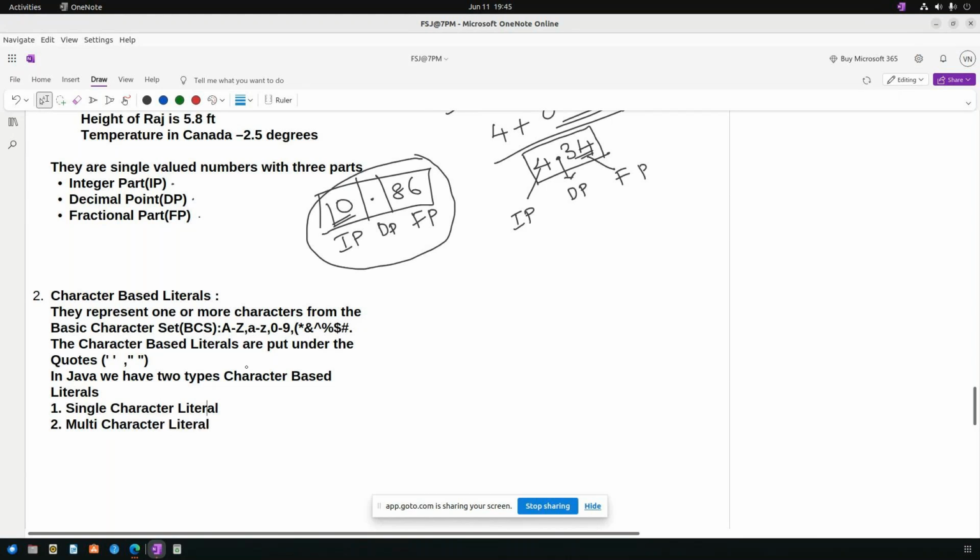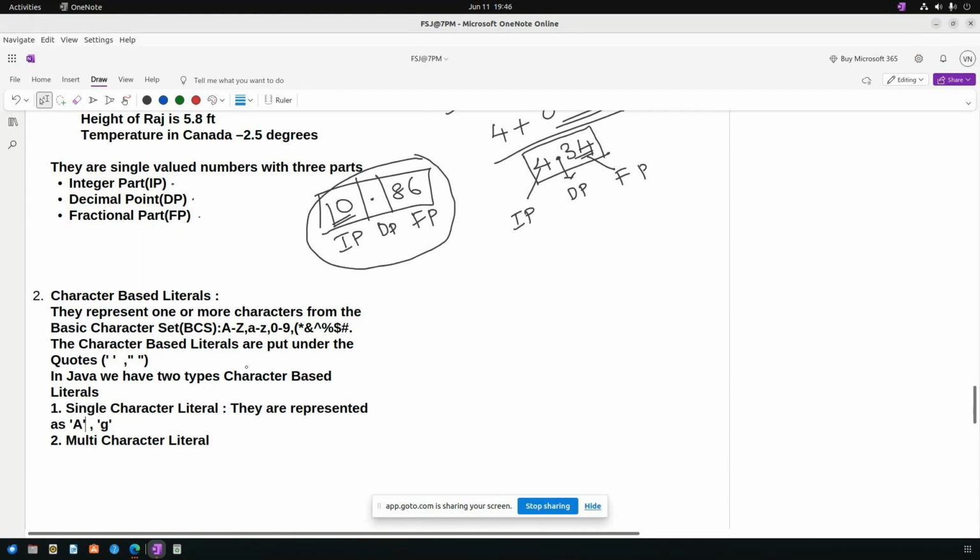When you talk about single character literals, they are represented in single quotes. You can have anything, something like G. G is a lowercase alphabet.